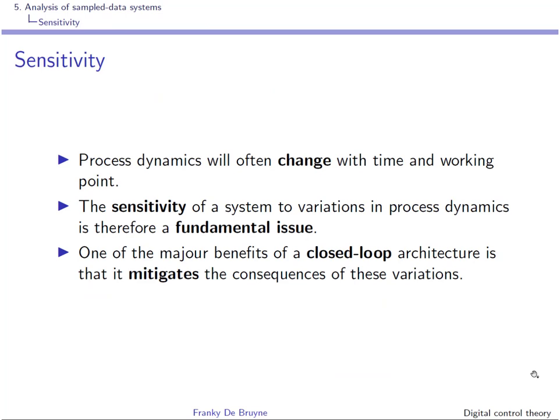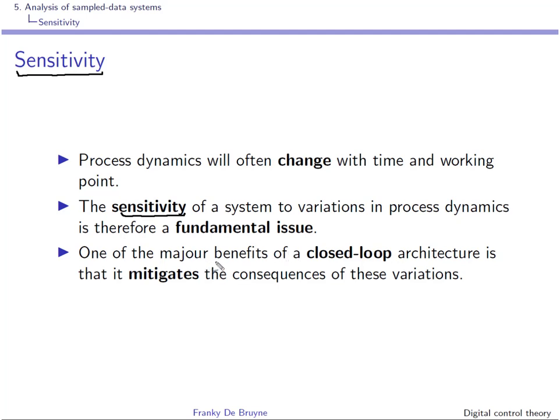In this subsection, we talk about sensitivity. As you know, the process dynamics change with time, for instance, because of wear, usure in French, and because we might change the working point. So sensitivity of a system, right, to variations in these process dynamics is therefore a fundamental issue, and this is what we'll study right now.